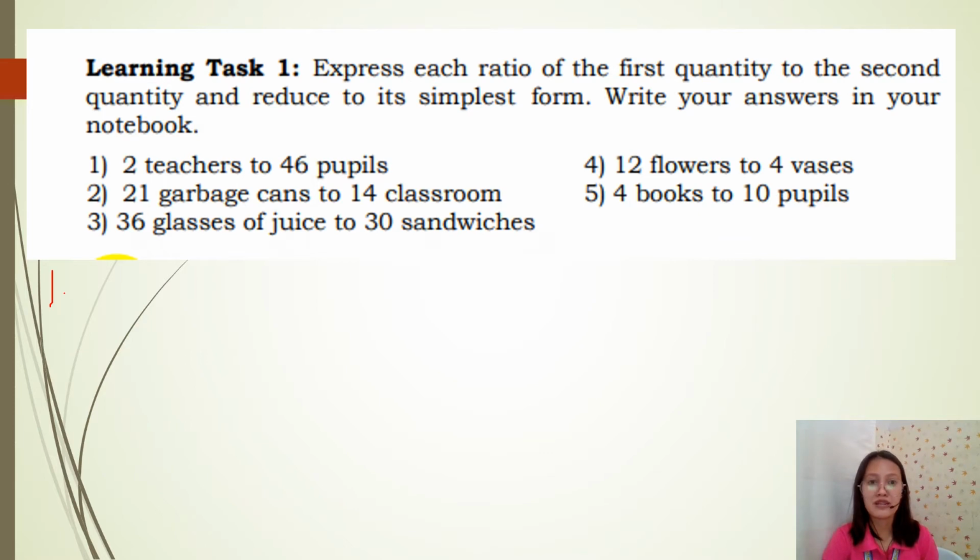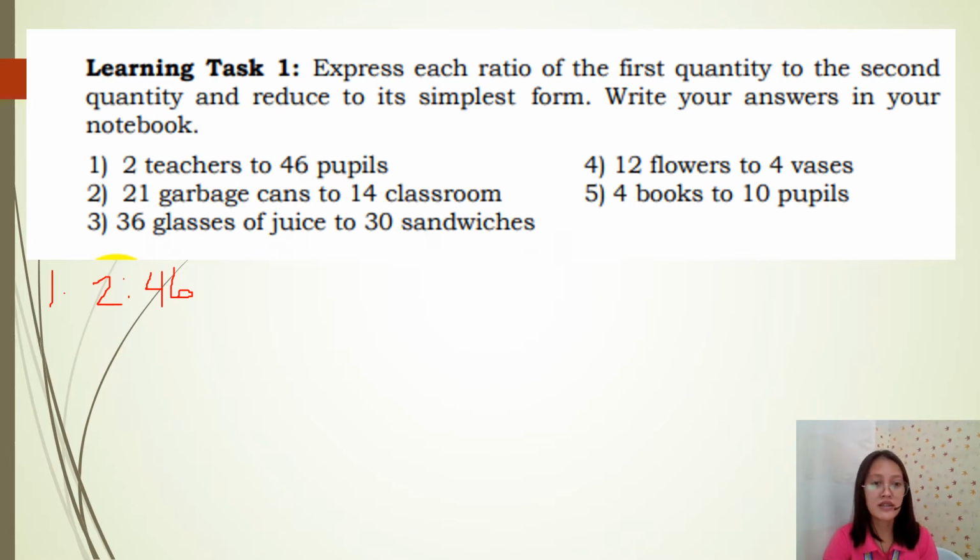First, express your actual ratio or rewrite your actual ratio. So we have 2 teachers to 46 pupils. Ano po yung magiging actual ratio natin dito? So we have 2 is to 46. After writing the actual ratio, get the GCF. Ano po yung number na pwedeng mag-divide kay 2 and kay 46 equally without remainder?